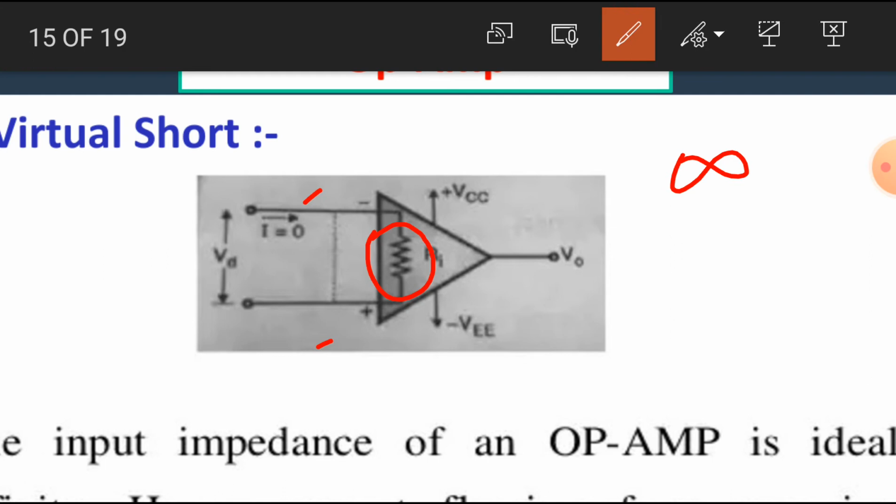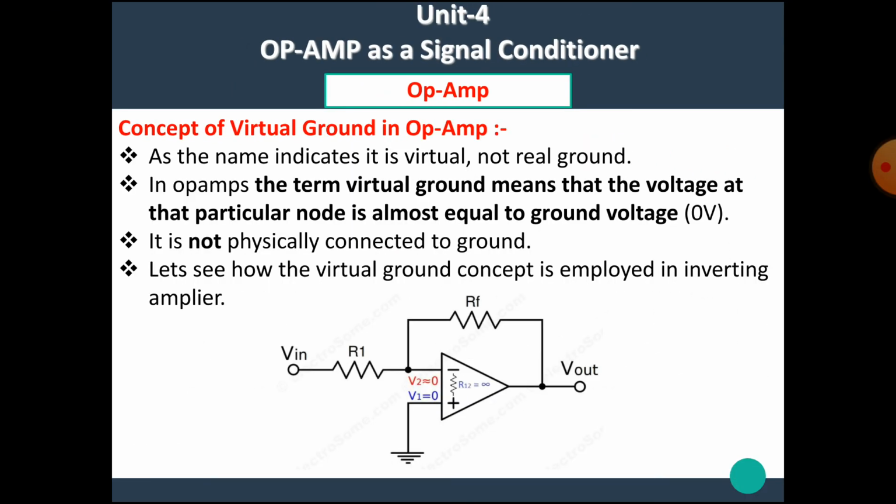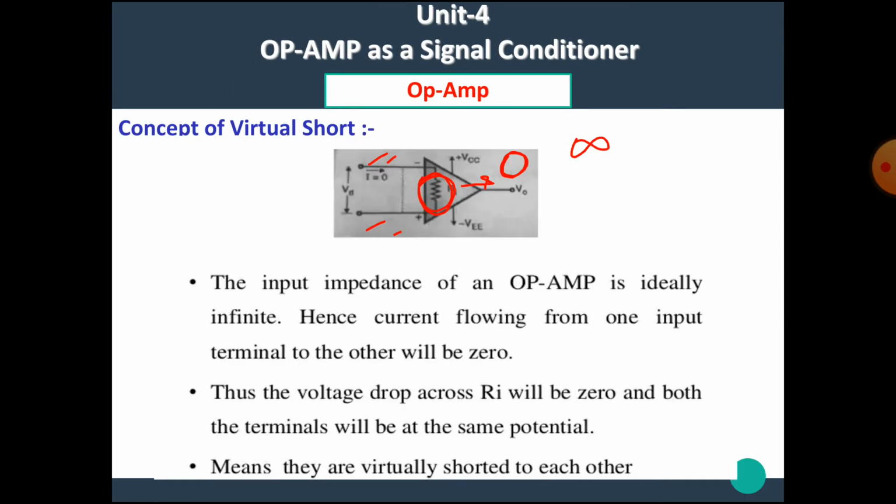There is no current flow through the input impedance, hence no potential develops across this resistance. The potential developed across the input impedance is almost equal to zero. Hence, V1 and V2 are at the same potential. Hence, this is known as the virtual short condition.